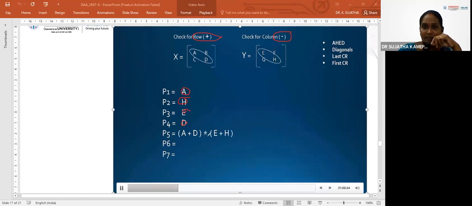So E plus H. Since last CR means last column, last column is BD. Since it is a column, we have to take minus sign.